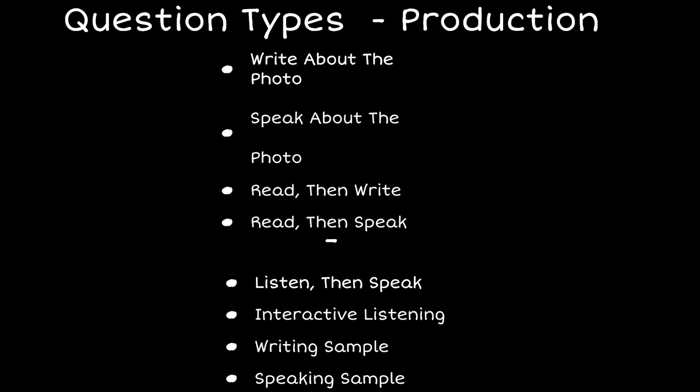If you learn tips and strategies on how to do these question types correctly on the Duolingo English Test, then your production scores will automatically improve. So let's talk about the question types one by one, and I'll give you the templates plus tips and tricks on how you can improve your scores on these question types.